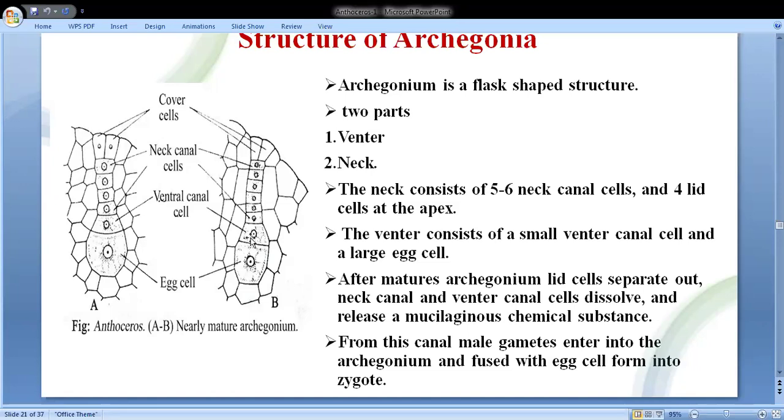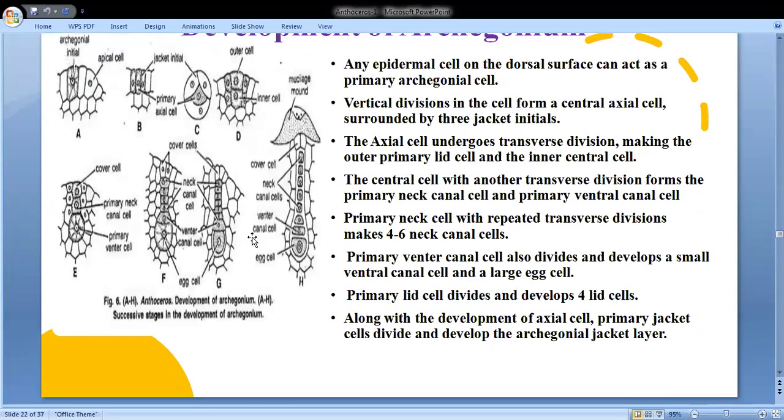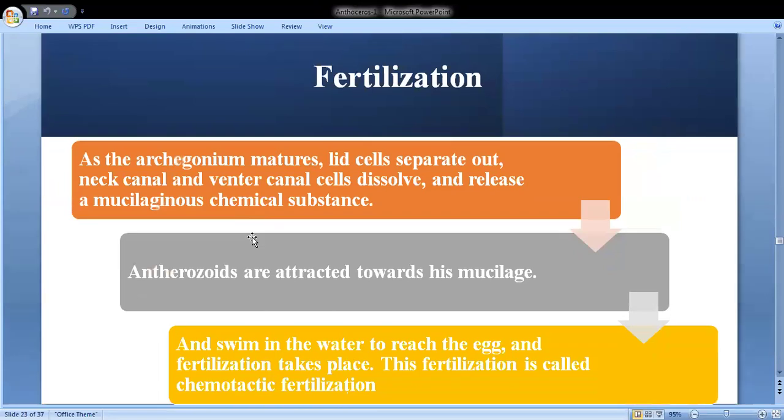Through this canal, the male gametes enter the archegonium and fuse with the egg cell to form the zygote at the time of fertilization. Okay?